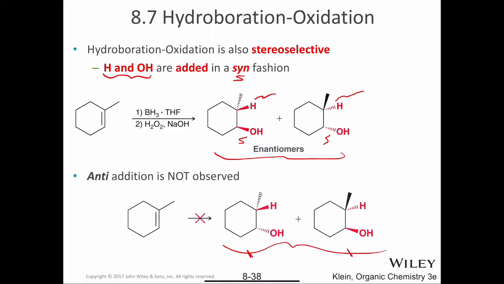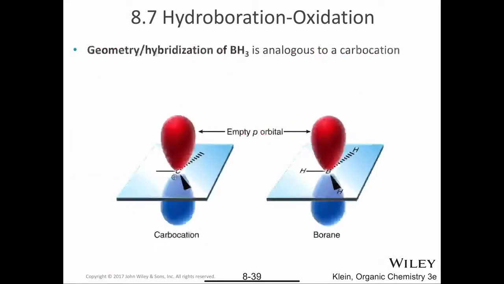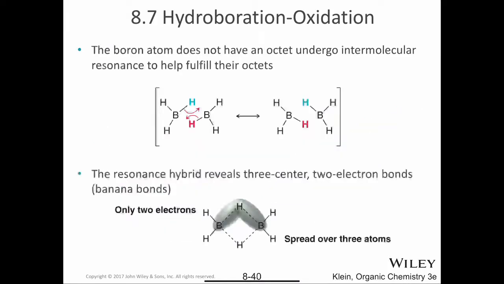The structure of borane, BH3, is similar to that of a carbocation, but without a charge. So the carbon in a carbocation is sp2 hybridized and trigonal planar, and the boron in borane, BH3, is also sp2 hybridized and trigonal planar. The boron atom lacks an octet of electrons and is therefore very reactive.